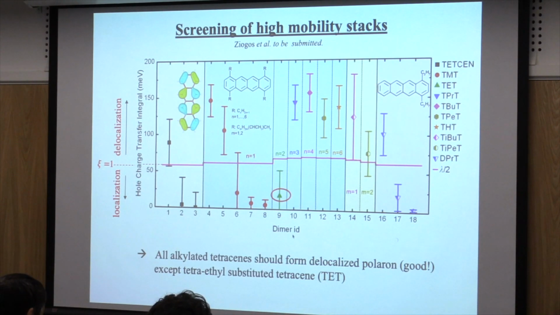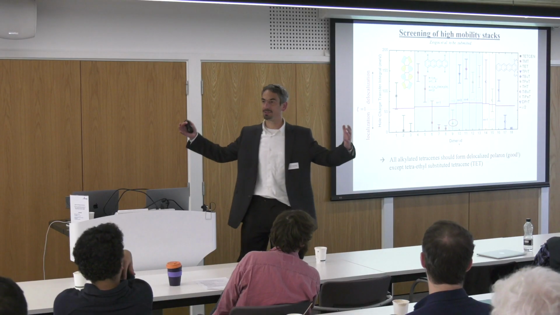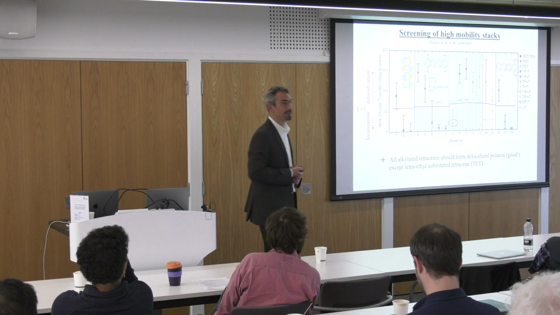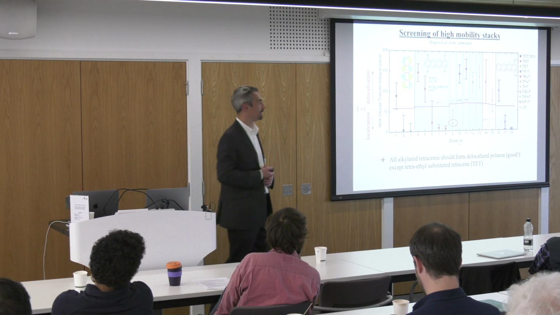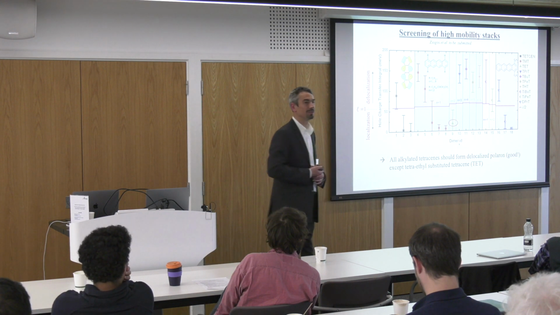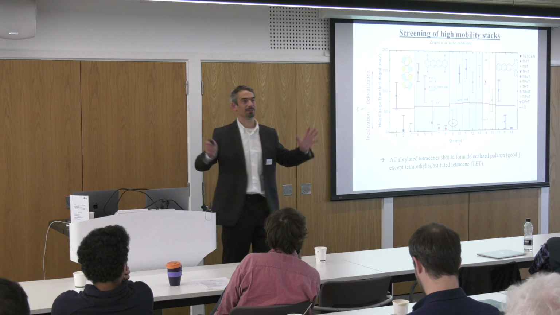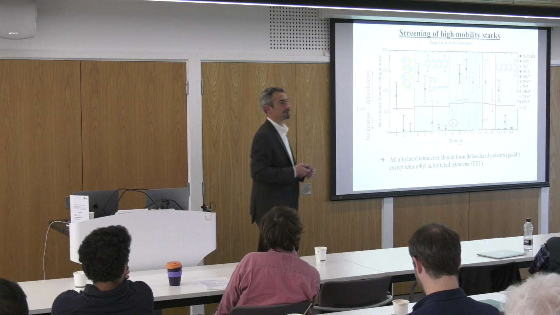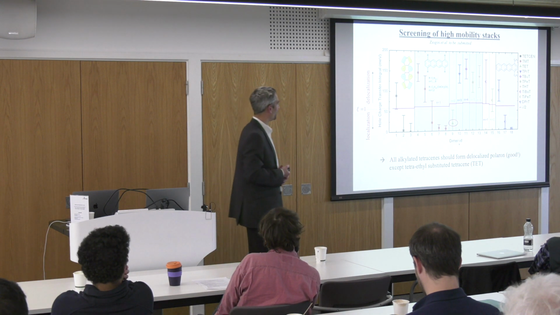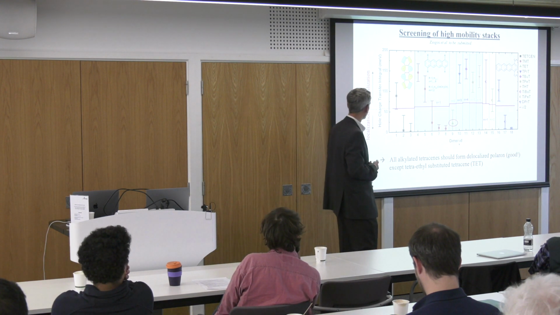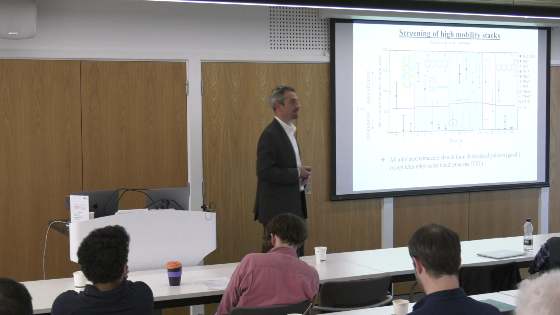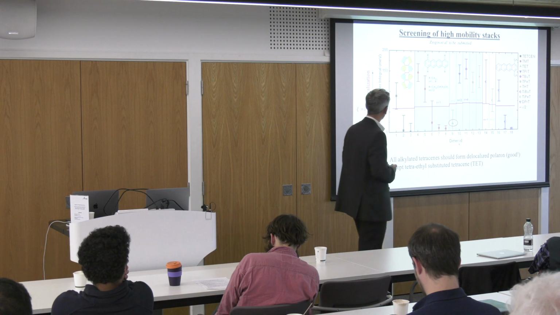If you want to screen this database for high mobility materials, you don't have to start with the non-adiabatic dynamics and all this stuff. At the beginning, it's sufficient to just calculate these charge transfer parameters, so the electronic couplings and the reorganization or trapping energy, and that already tells you a lot about whether this is a good or a bad conductor.